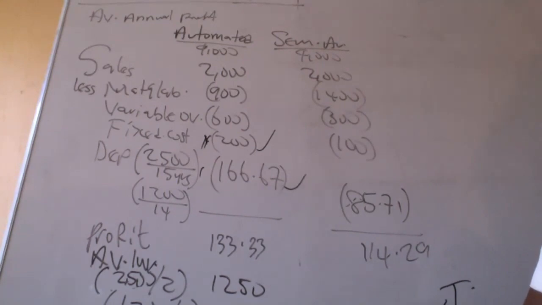So this is the question. Consider the following two mutually exclusive projects. We are calculating the payback, accounting rate of return, and the NPV. Okay, that's fine.